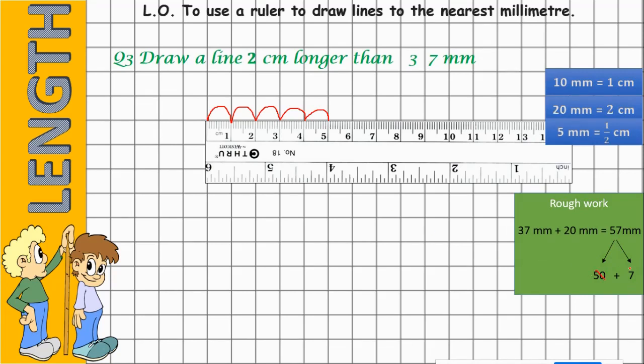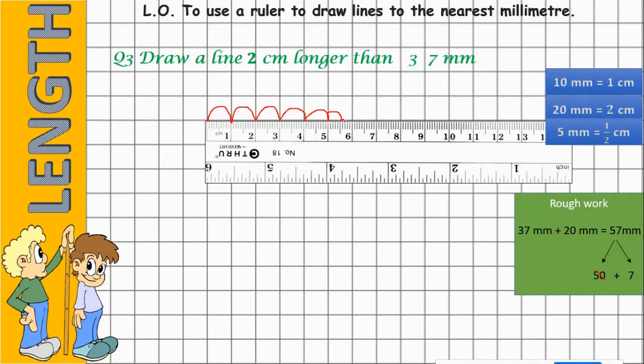What is left? 7. So we'll take a short jump over here of 5, because we know that the middle line is nothing but 5 millimeters, correct? And then we have to go 6 and 7. So this small jump of 2 lines.